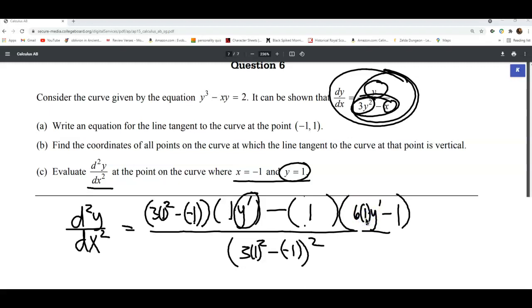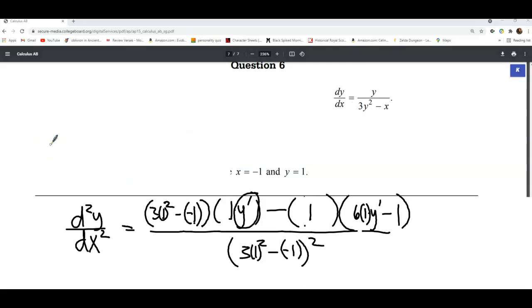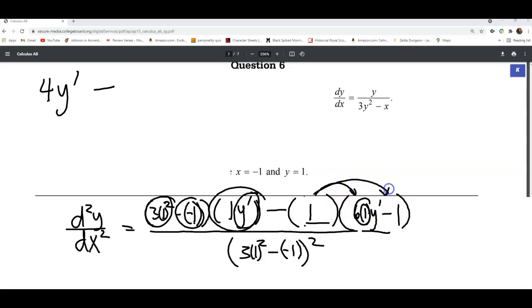Well, before I go any further, I think I'm going to simplify this just because it's starting to look a little bit overwhelming to me. All right. So we have 1 squared times 3 is 3. Plus 1 is 4, so we have 4 times y prime minus, and then here we have 6y prime minus 1 times 1, and distributing the 1 in here is not going to change anything, so it's just going to be 6y prime minus 1.